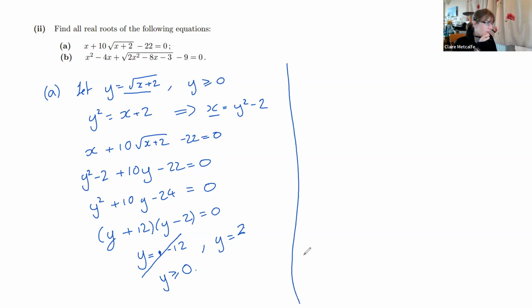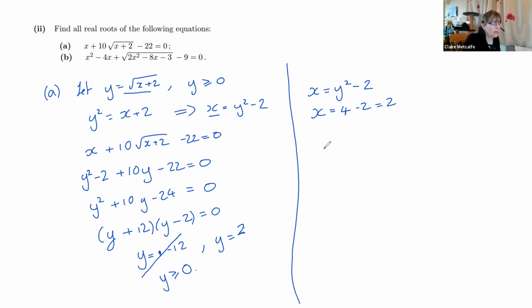Okay, so it's a good idea when you have something like this to... well, we haven't actually solved it yet because we haven't found x. So x is equal to y squared minus 2. So x is equal to 2 squared minus 2, 4 minus 2, which is 2.